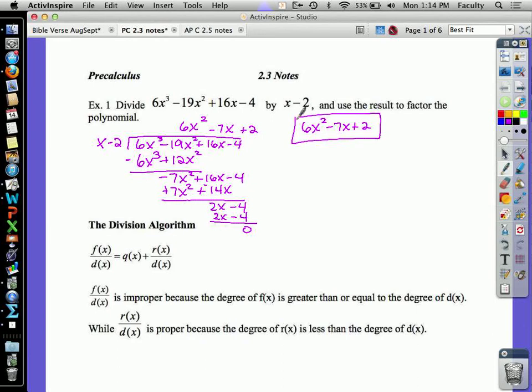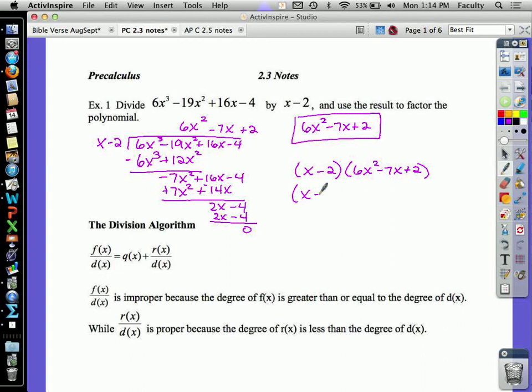They asked us to divide, and then the second thing they asked us was to use the result to factor the polynomial. Well, we know one of the factors is x minus 2, and we need to factor 6x squared minus 7x plus 2.